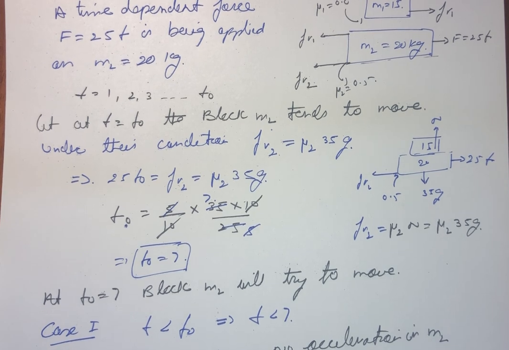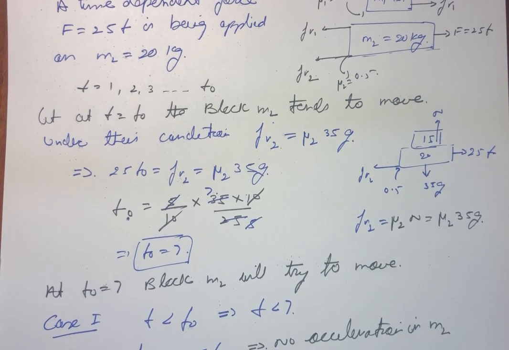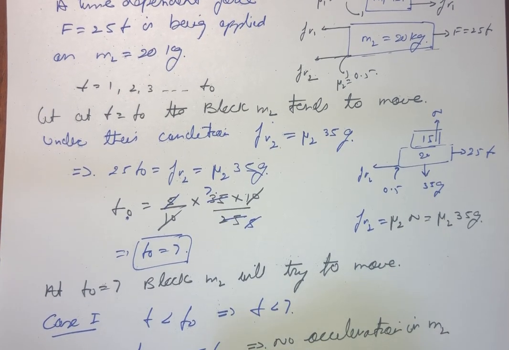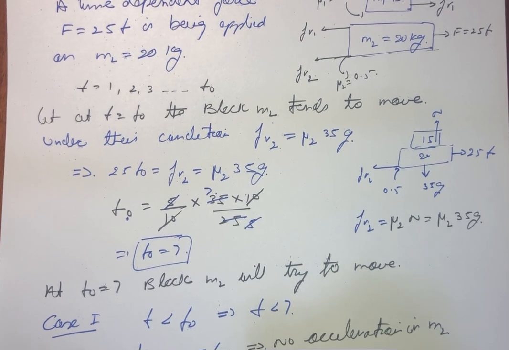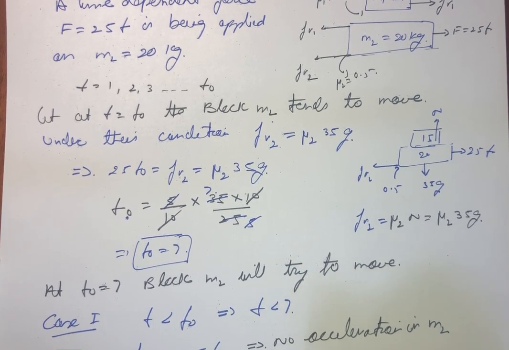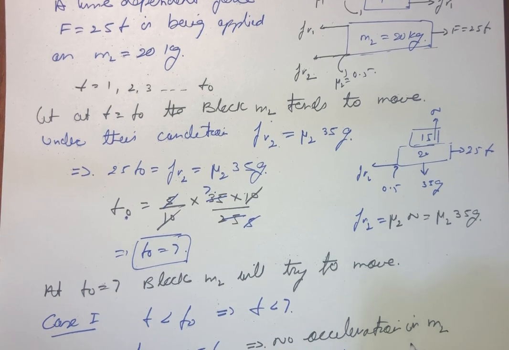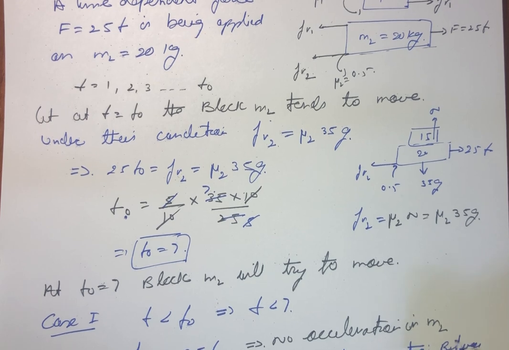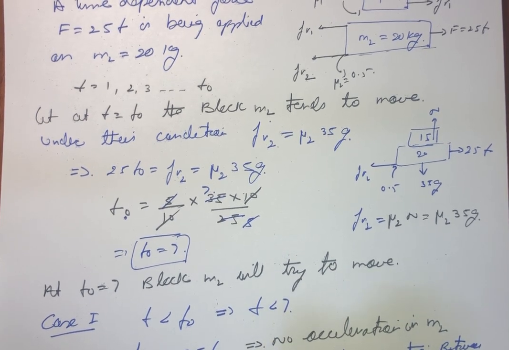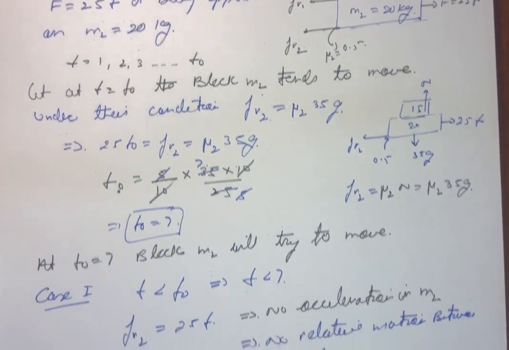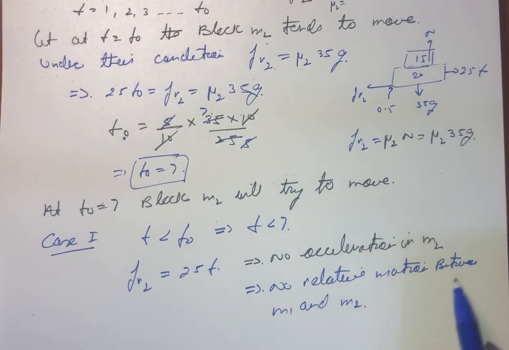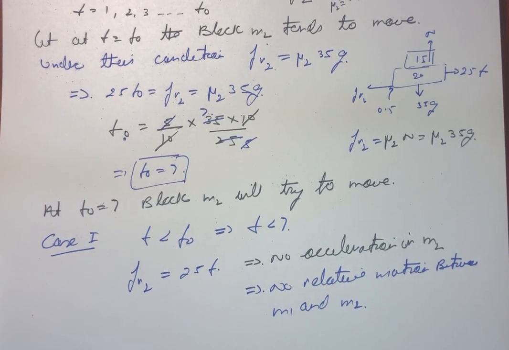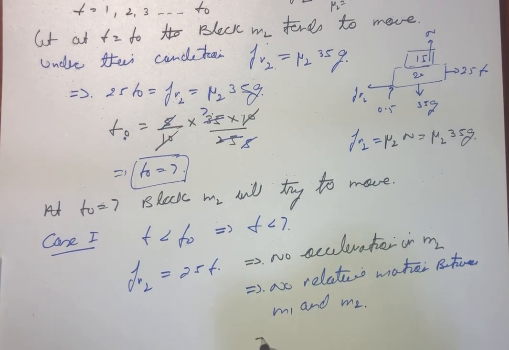If there is no acceleration in M2, we can also say there is no relative motion between M1 and M2, which also we can write as FR1 equal to 0.